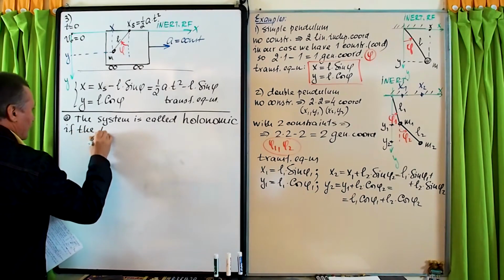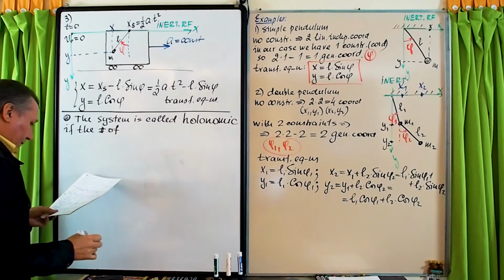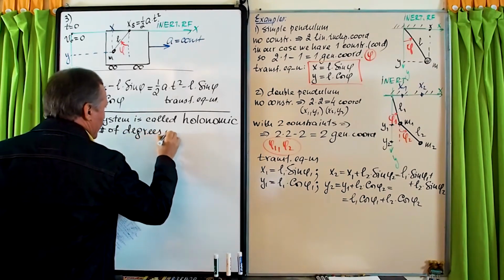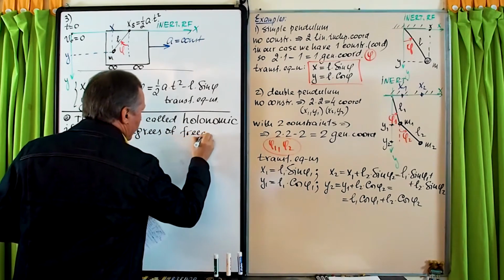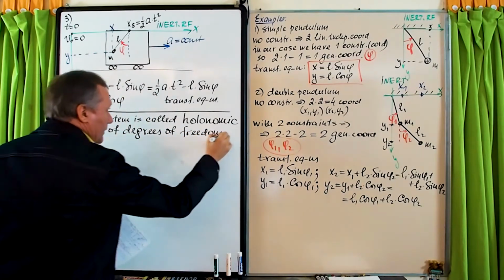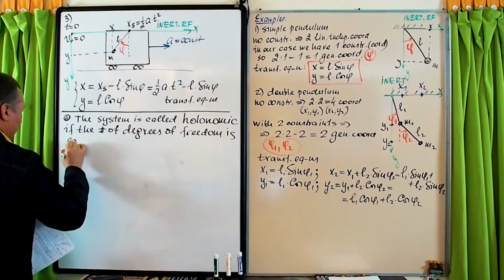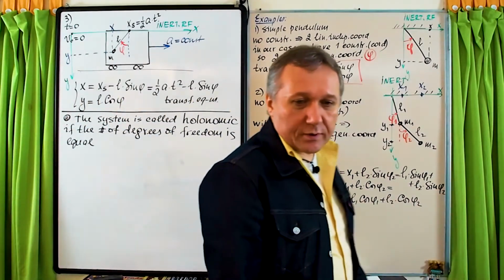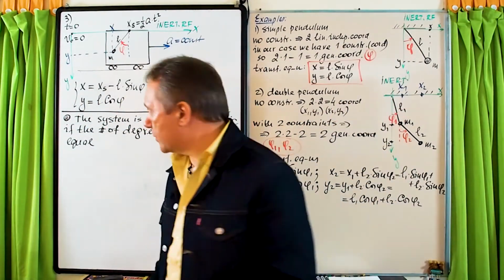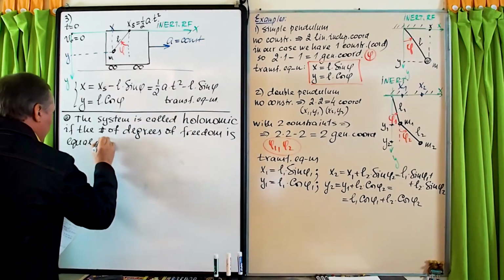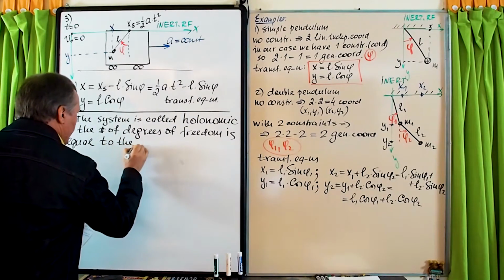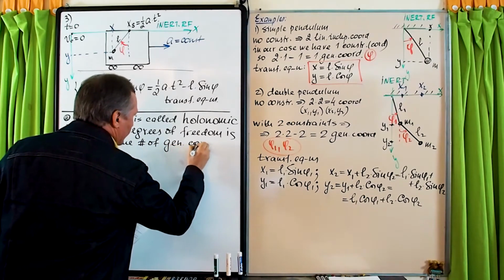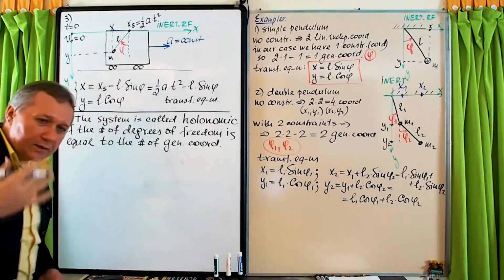the number of degrees of freedom is equal to the number of generalized coordinates, of course, needed to describe the system.